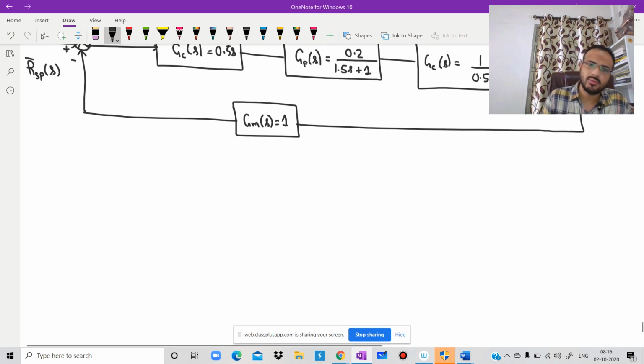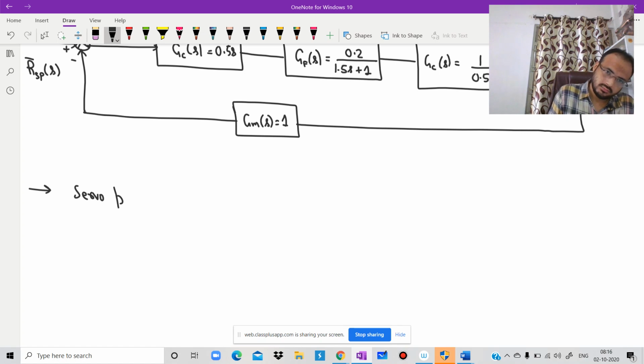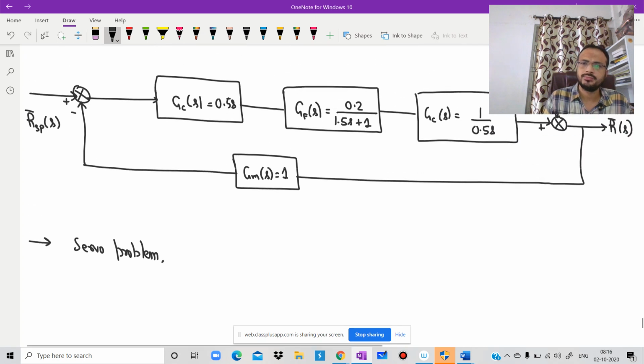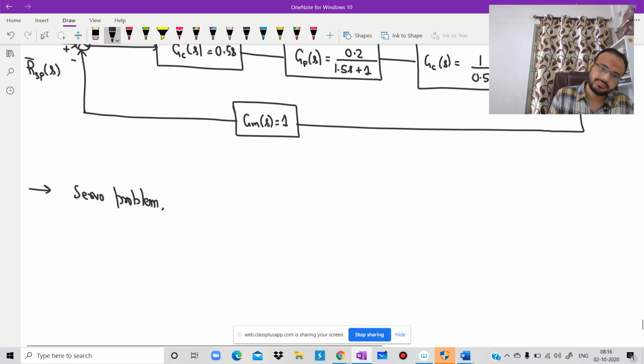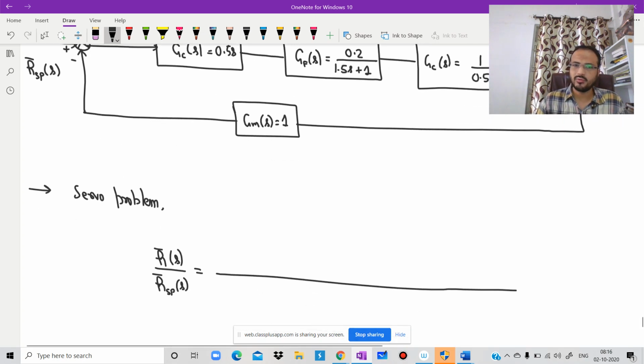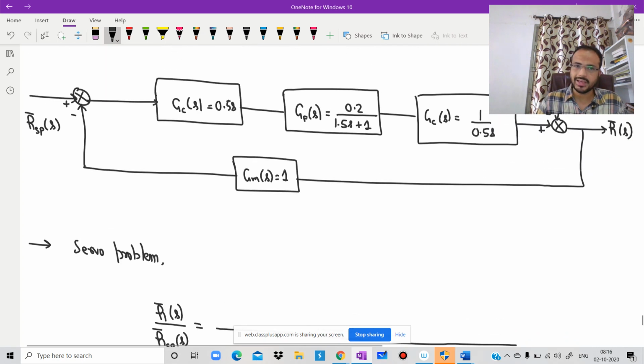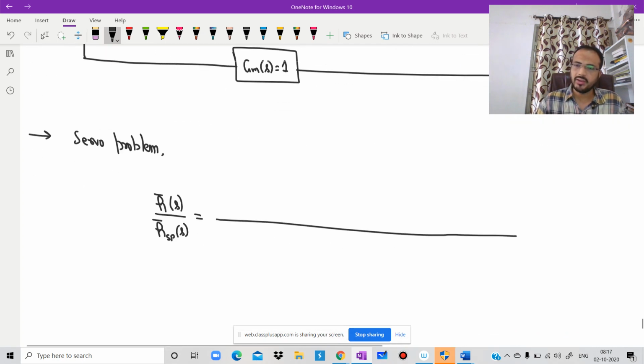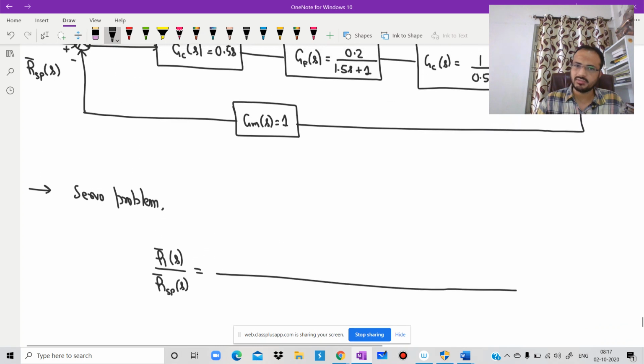It means it is a servo problem. It is standard loop also. You need to calculate h bar of s, h bar of set point of s: multiplication of all the transfer functions between h and hsp divided by 1 plus product of all the transfer functions.